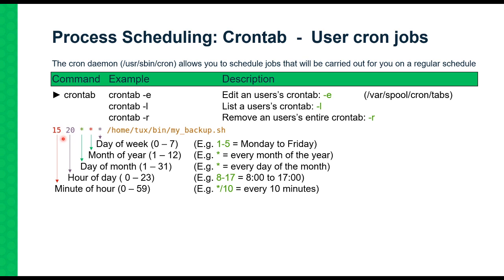Then we can also choose the hour of the day that we want to run this. Here we have chosen 20, so this job will run at 20:05 at this stage. Because the next fields are stars, the day of the month is not specified, so it will run every day. Then we can define the month of the year that we want to run this, and for example, this will also run every month of the year.